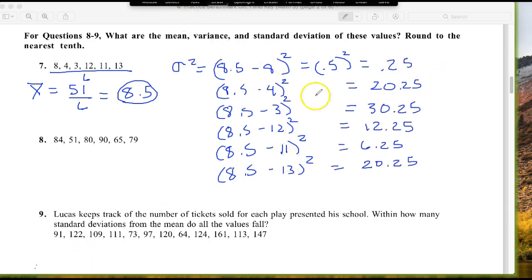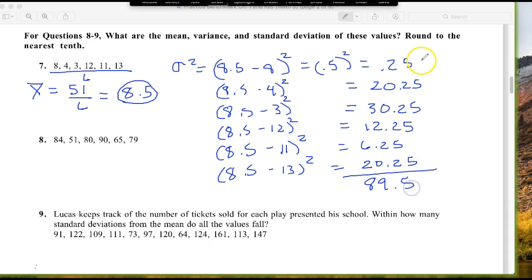Okay, I went ahead and found all of these values, subtract this, square it, all of these values. In order to finish finding the variance, I need to add all my values together. So I found the difference squared for each of these. Now I'm going to find the average of this by adding up each value. And if I go ahead and add those all up, I'm going to get 89.5.